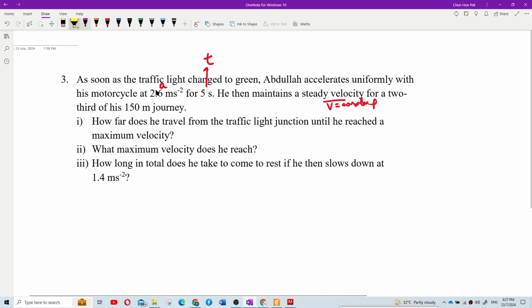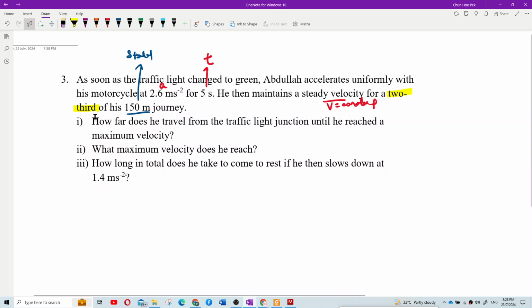For how long? For 2/3 of his 150-meter journey. So this is the total displacement. So maintains, okay, 5 seconds, 2/3 of the journey. Okay, so this question, 5 seconds. So what's the total time?